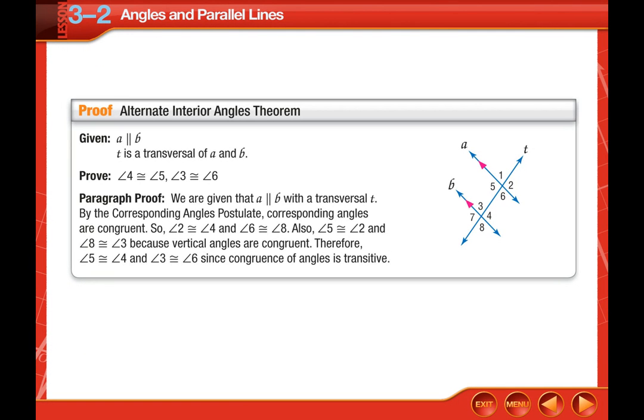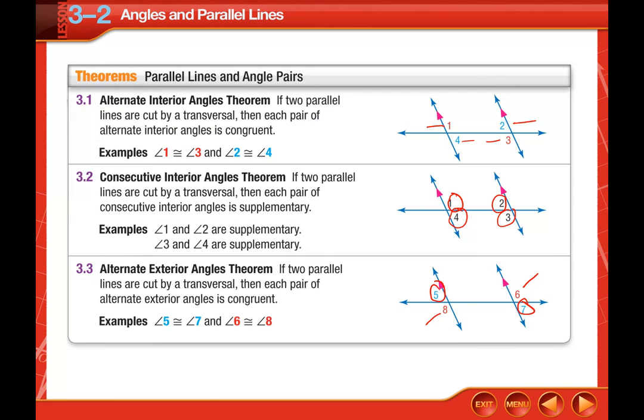Here's a proof of the alternate interior angles theorem. How they work out these proofs is they take the theorem, theorem 3.1, and the if part of the theorem is what is given, and the then part is what they're trying to prove.